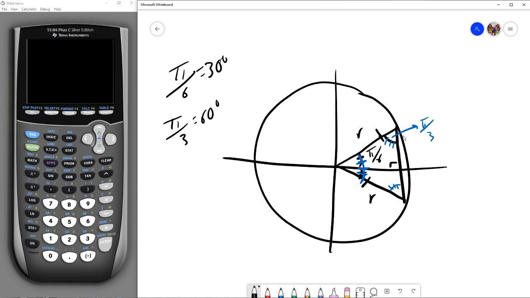So if we cut this length here in half, which is what we're doing with the x-axis, that means this length here is y, and this here is also going to be a length of y.